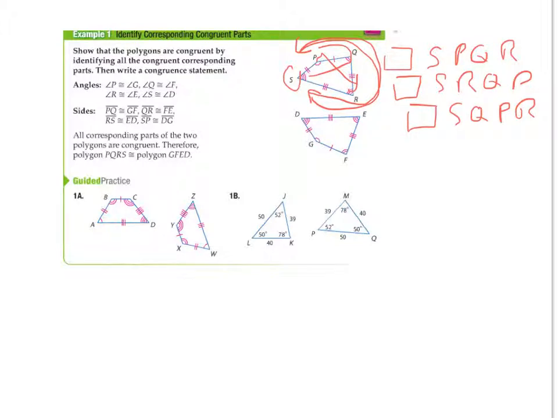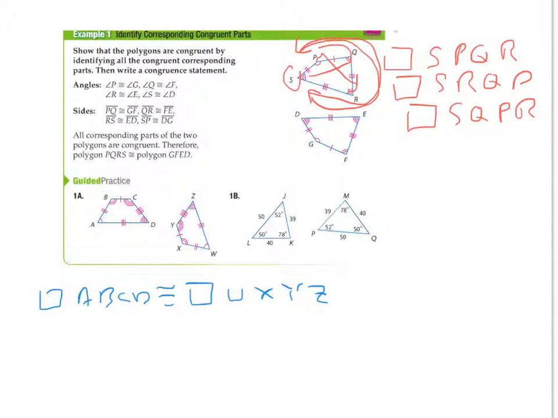It is angle Z. So if I wanted to write this down, I would say that quadrilateral ABCD is congruent to quadrilateral WXYZ, not because they're alphabetical, but because those are the corresponding parts in the same order. A goes with W, B goes with X, C goes with Y, and D goes with Z.